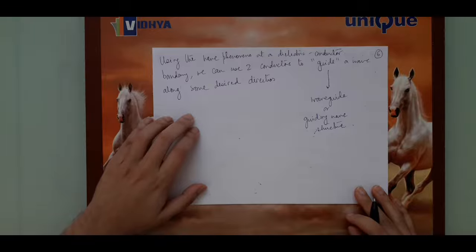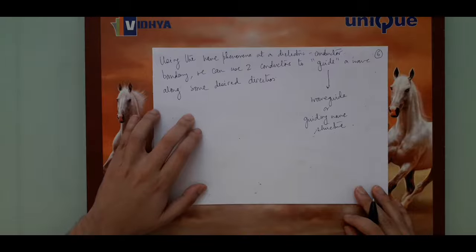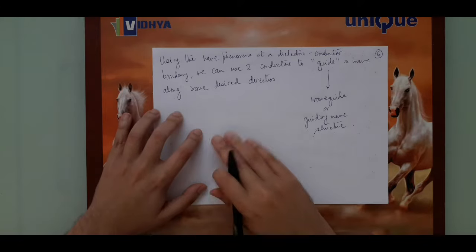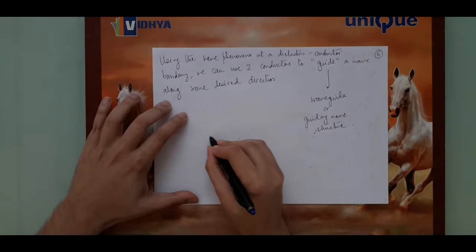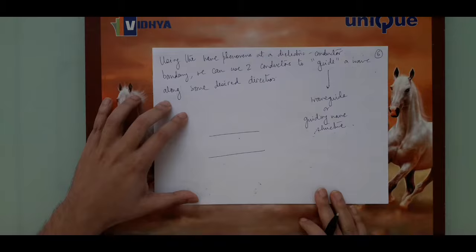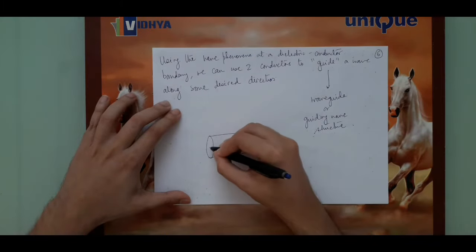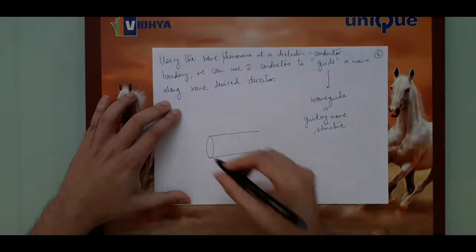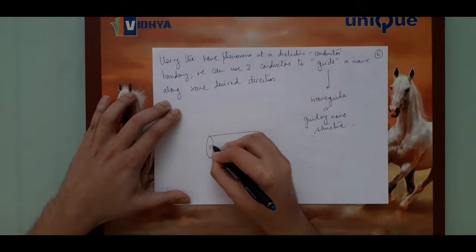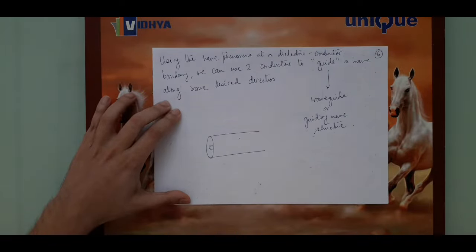Now, you might ask, can you take some examples of waveguides? Yes, we can. The simplest example of a waveguide is a pair of conductors or a pair of wires. You have used probes with oscilloscopes, and those probes are essentially coaxial conductors.